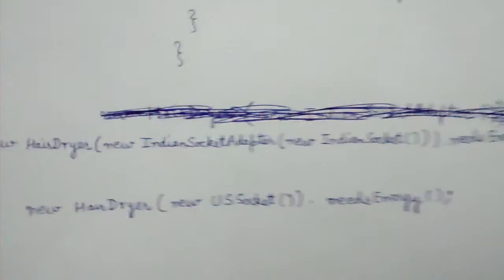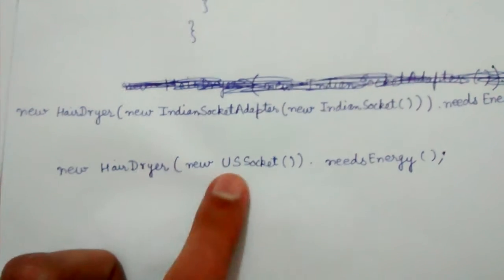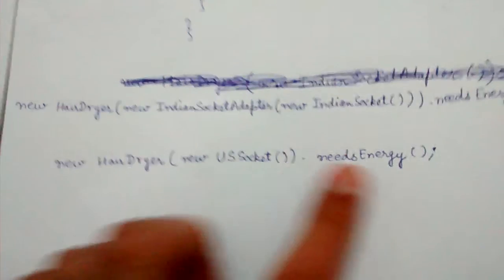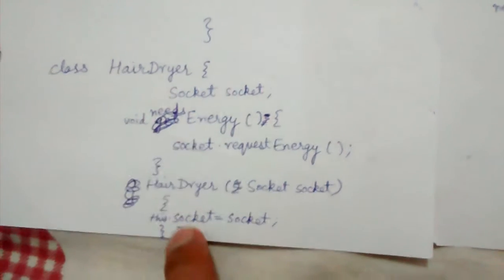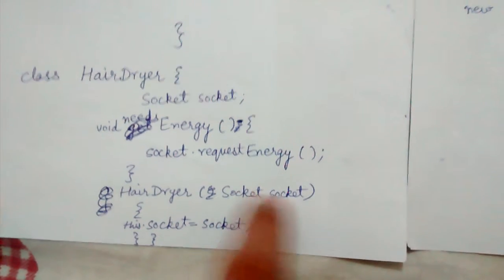So let's look at how the client was using this US socket. New hair dryer, new US socket, dot needs energy. The hair dryer is being passed a US socket because the hair dryer constructor expects a socket; any of its subclasses can be passed.